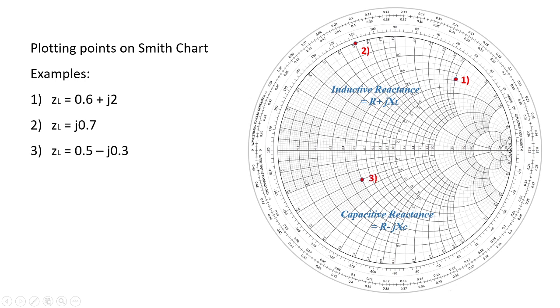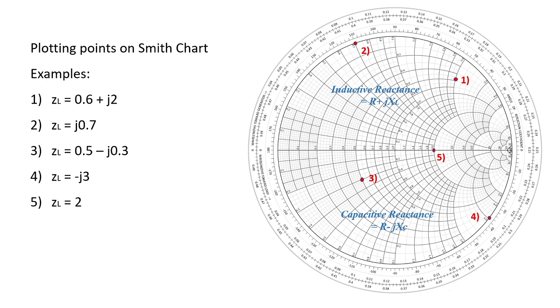So here is the point. The next one is minus J3. This is negative, so lower semicircle and imaginary. So here it is. The next one is ZL equals 2. 2 is just the real part, so it will lie on the axis of the Smith chart. So here it is. These are just the basic plotting of Smith chart.